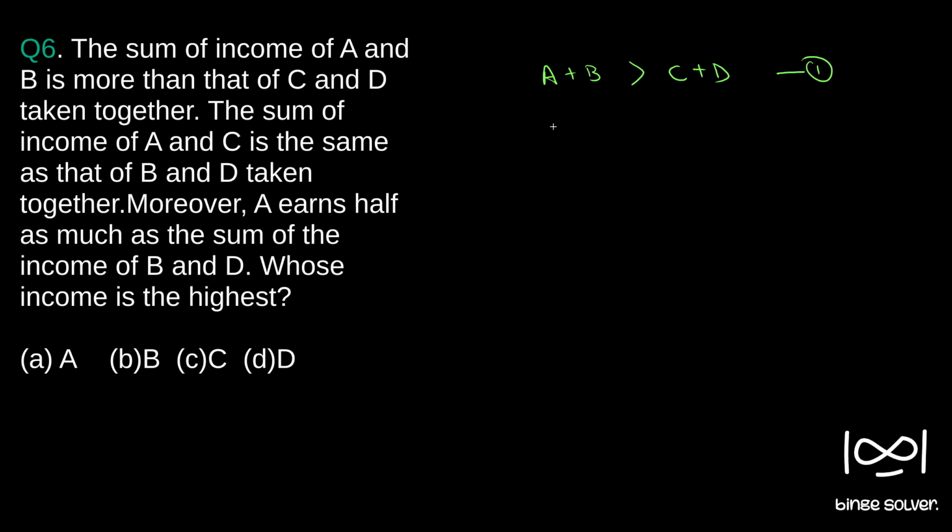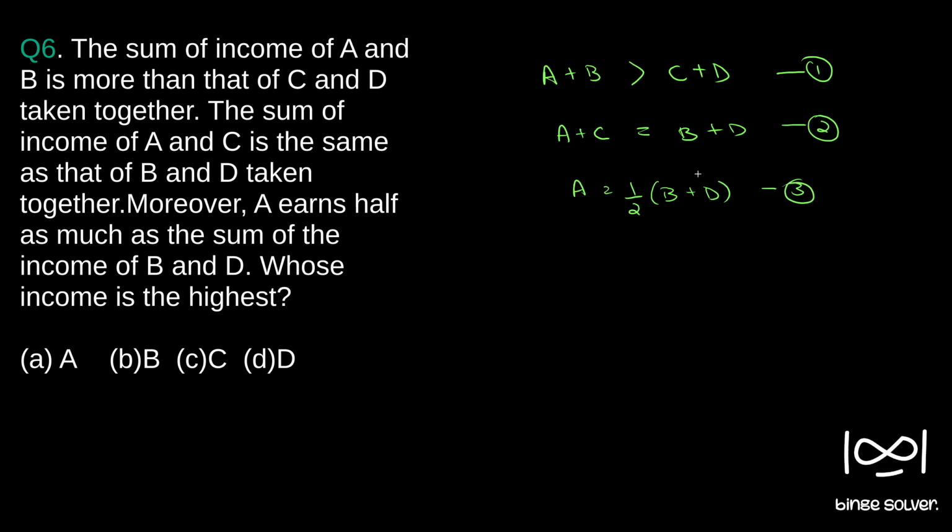And second is the sum of income of A and C is the same as that of B and D. That is our equation 2. Moreover, A earns half as much as the sum of income of B and D. A equals half of B plus D. This is our equation 3.